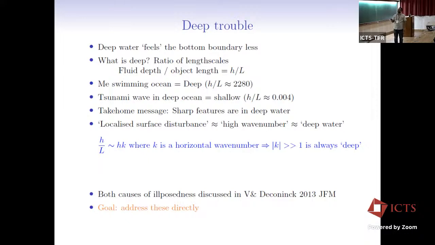Think of a ratio of two numbers, a depth of the fluid and an object of size L. This is like an aspect ratio. If you're talking about me swimming in the deep ocean, that aspect ratio is about 2,000. Right? I'm not very big compared to the depth of the ocean.